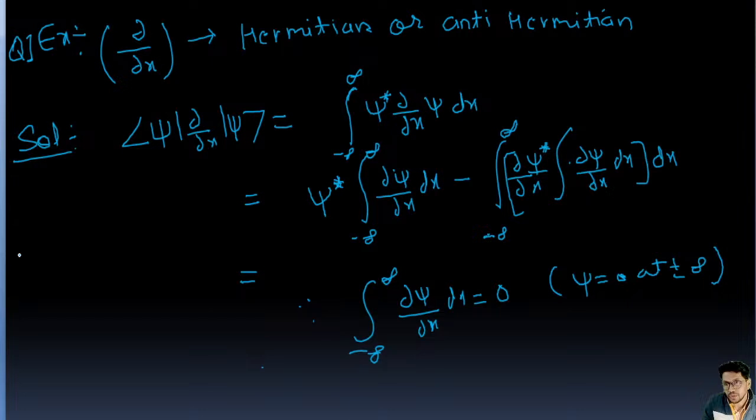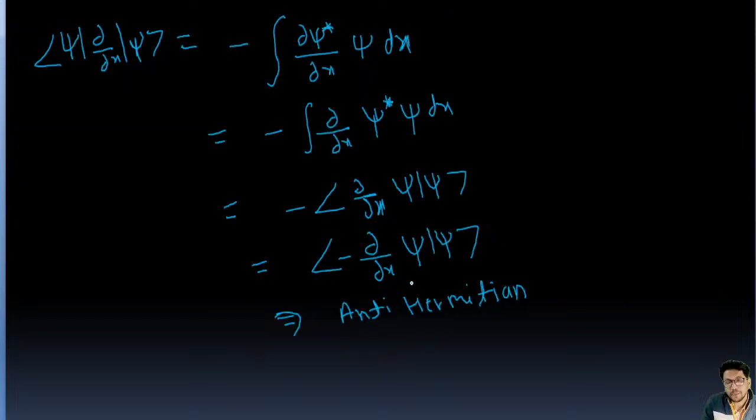And this is the property of anti-Hermitian. It means this del over del x is an anti-Hermitian operator. I hope guys you understood it. So this is about anti-Hermitian and Hermitian. If any operator is given and you need to find whether it is Hermitian or anti-Hermitian, you can easily find out using these two properties which I have explained.